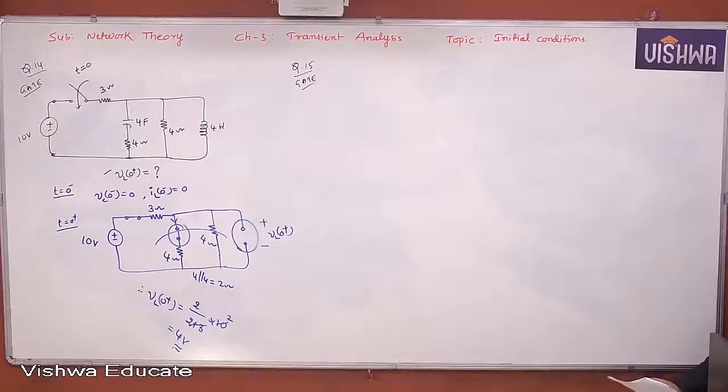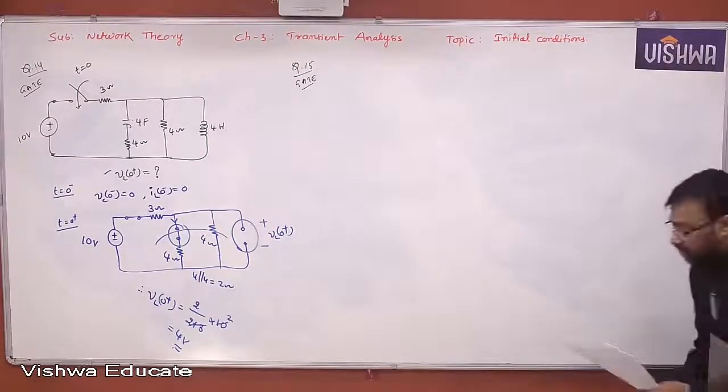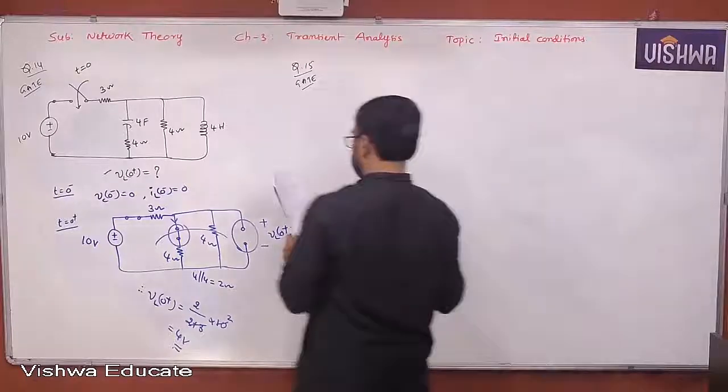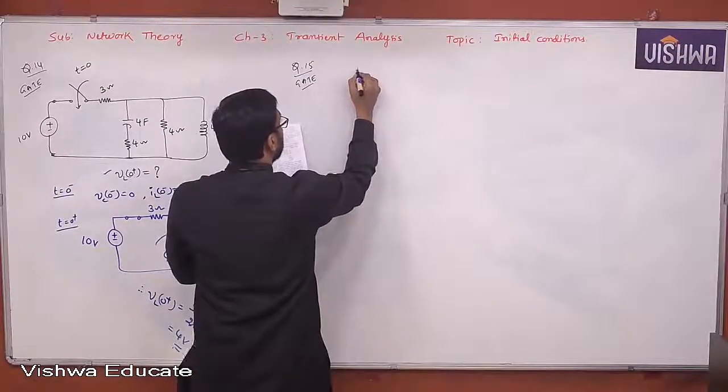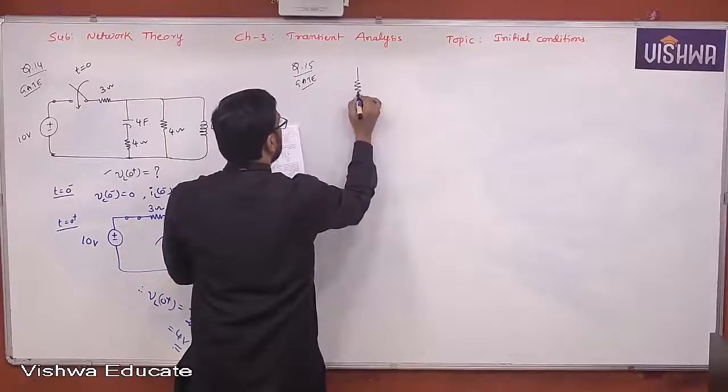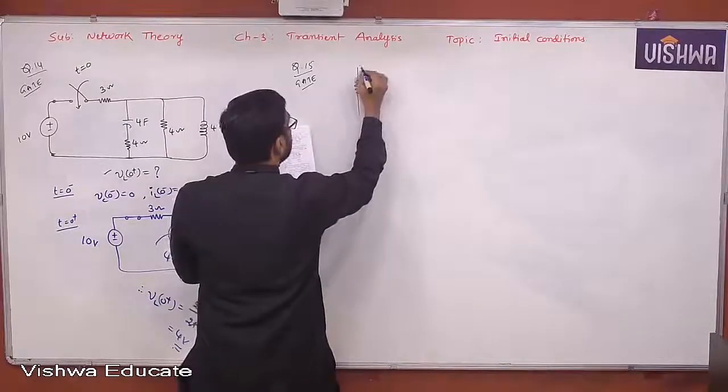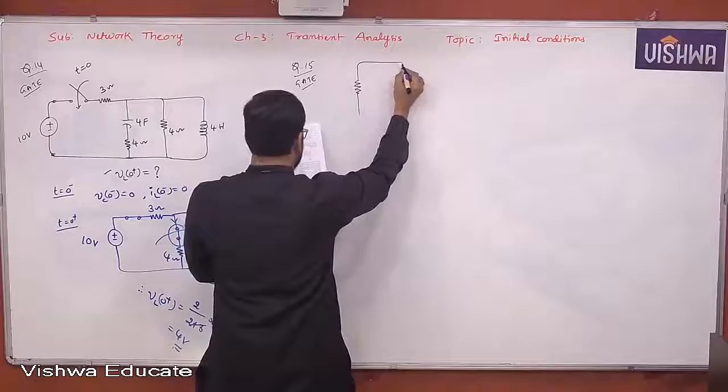Switch SW2 is closed at t equal to 0 and SW1 is opened at t equal to 0. The current through C and the voltage across L at t equal to 0 plus is asked. That's a very, very interesting problem. Okay, so I think you understand, all of you. Now it's very clear from the data given, the inductor and the capacitor both are charged.